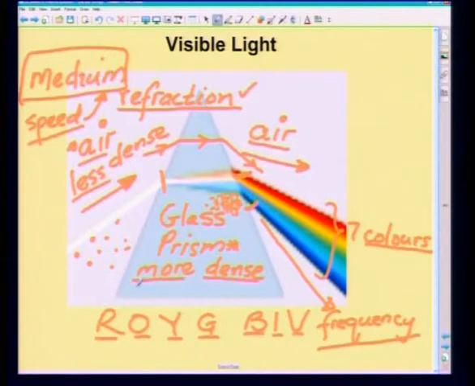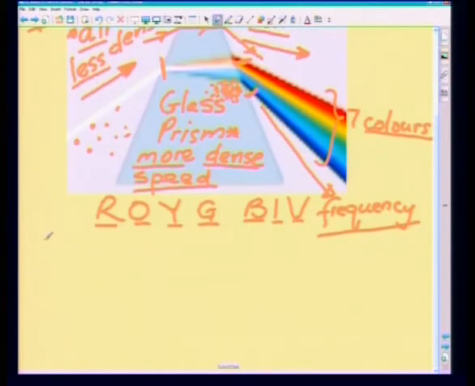So here it moves at another speed. Why? Because the speed of a wave depends on the medium.